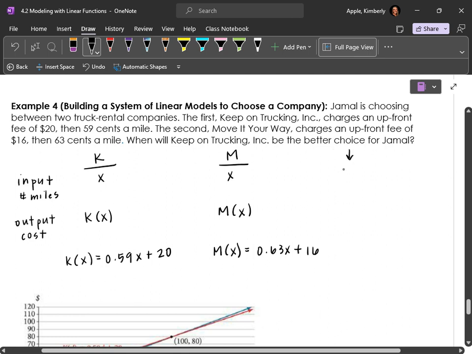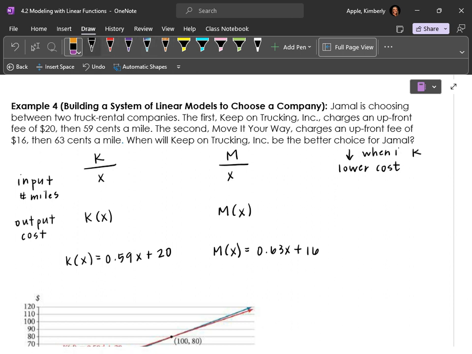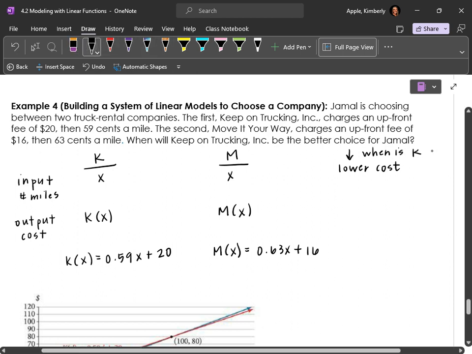Well, the better choice is lower cost, right? And so what we're asking is when is K a lower cost? Is this lower than the other? So what we're actually looking for is, when is K of X less than M of X?